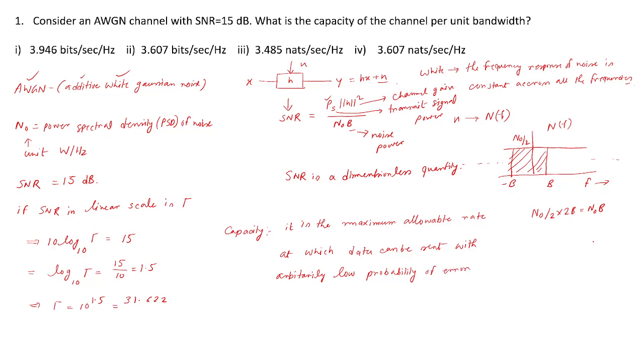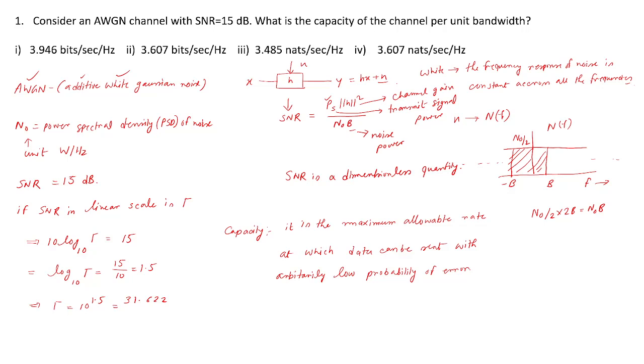So what does it mean intuitively? The channel capacity refers to the maximum allowable rate at which you can transmit data through that channel with almost reliable communication. That is, the probability of failure of communication is arbitrarily low.